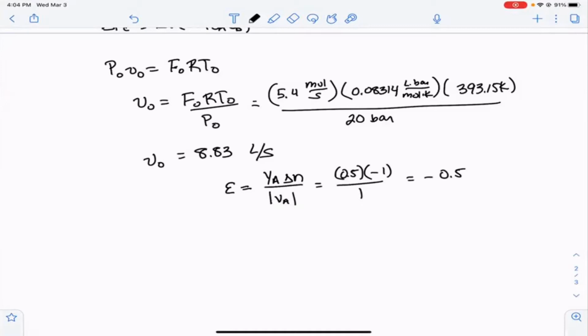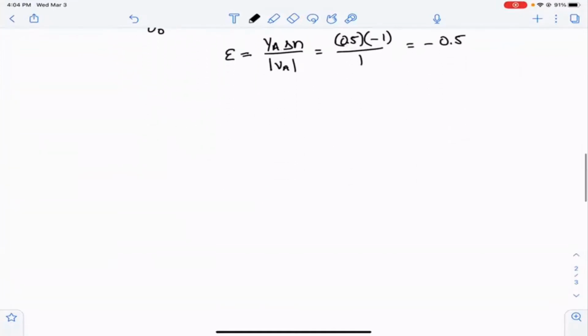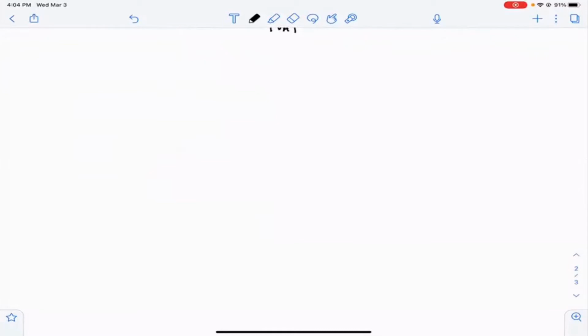So now, the last thing that we need to do is to calculate the initial concentrations of A and B, since everything else that we have is in terms of moles per liter. To do that, we start again with the ideal gas law, right? P0 V0 equals F times R T0.